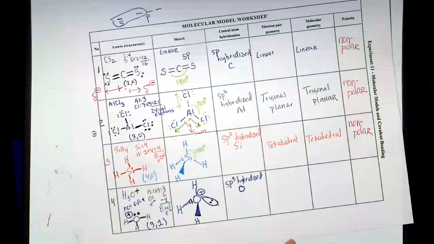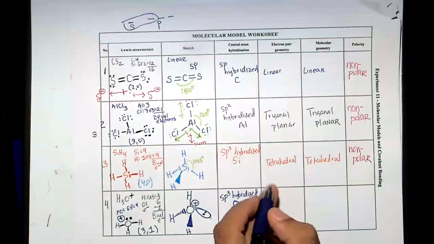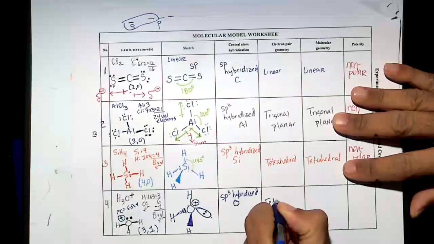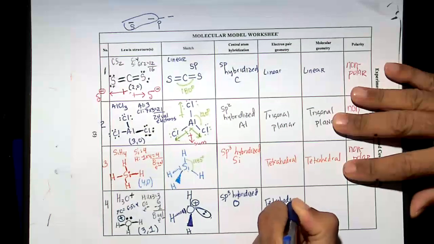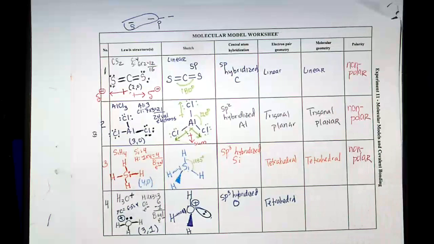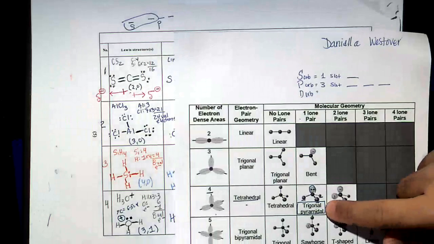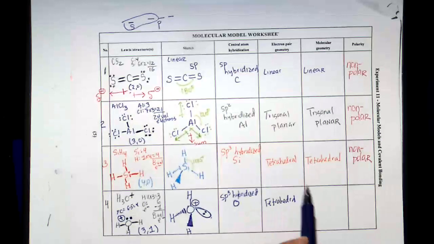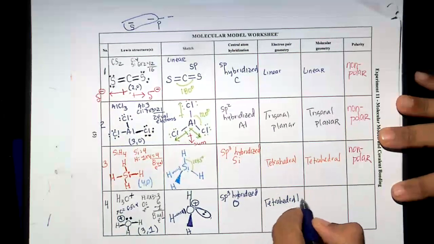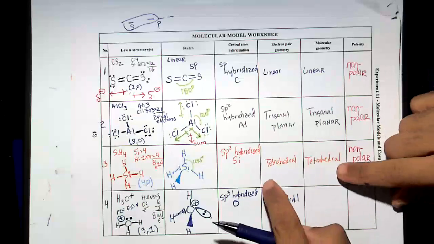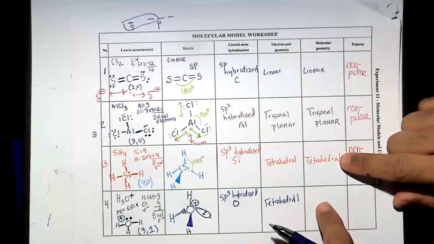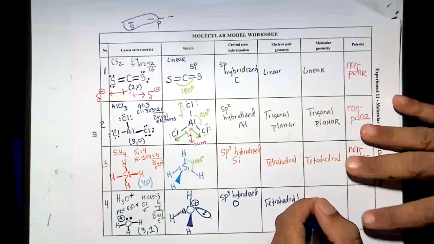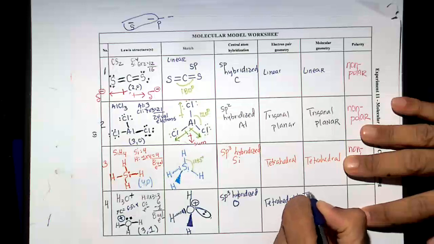The molecular geometry is trigonal pyramidal. Now, why is it trigonal pyramidal? Because of the lone pair, which makes this go from tetrahedral to trigonal pyramidal. Very good job, Daniela.